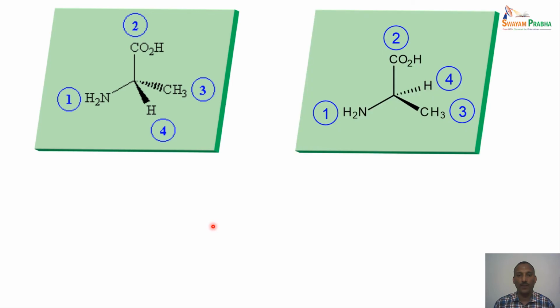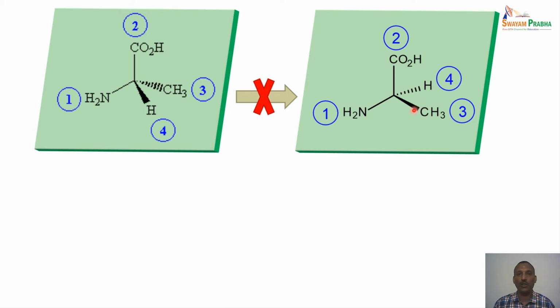In the first one, the NH2 group is on the left hand side, and the carboxylic acid is at the top. Now hydrogen is pointing towards the observer, which I simply exchanged and moved to the back side. Is this the right way of representing this molecule? Unfortunately, this is wrong, because whenever we talk about configuration, we are not supposed to break any bonds.